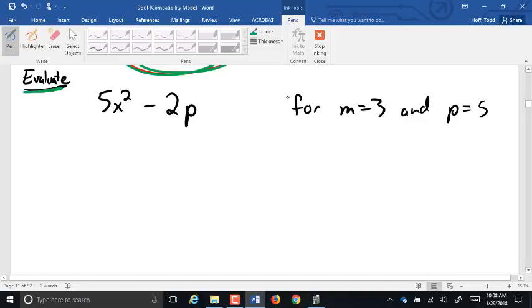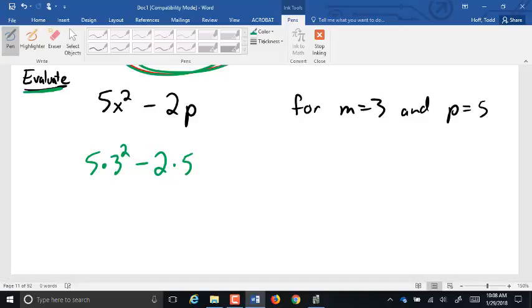So what that means is we replace those variables, those letters, with the values that were given for them. So 5x squared becomes 5 times 3 squared. Minus 2p becomes minus 2 times 5.